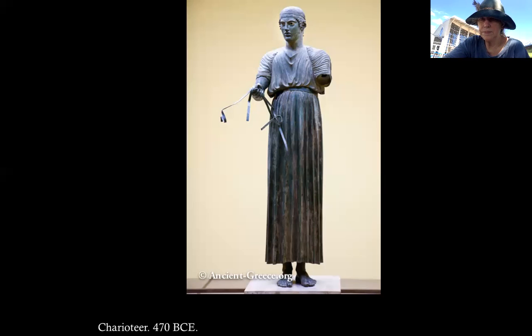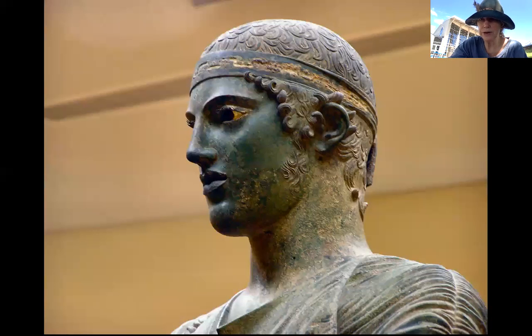But idealism is just an idea about, what would be, in this case, an ideal young man? What would an ideally beautiful young man look like? And this is what the Greeks thought he would look like. He would be perfect.